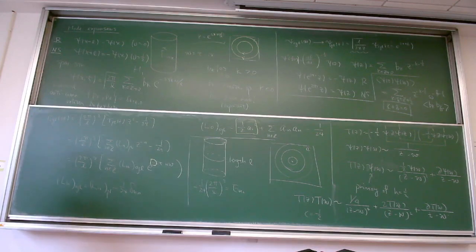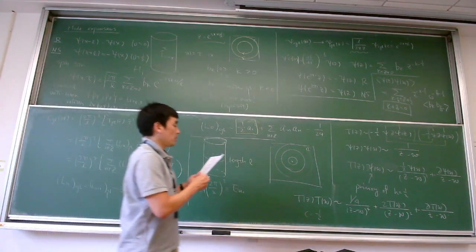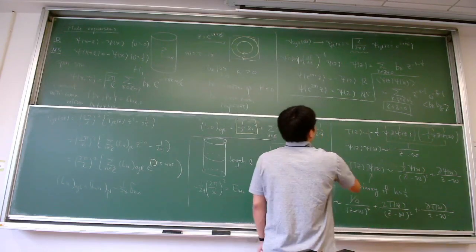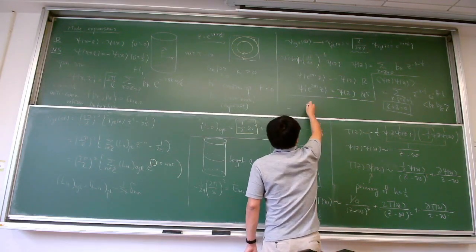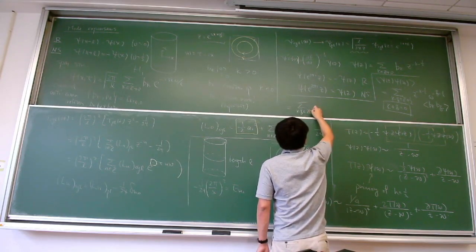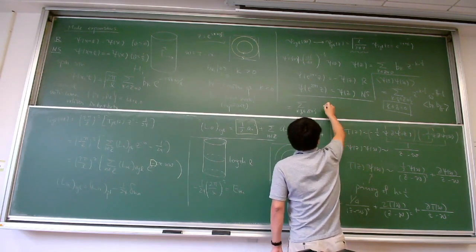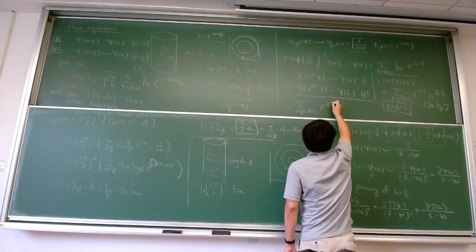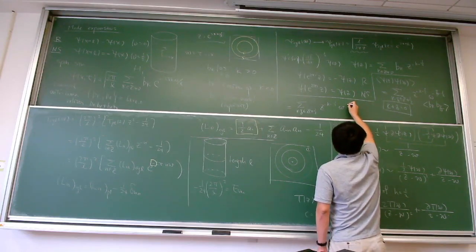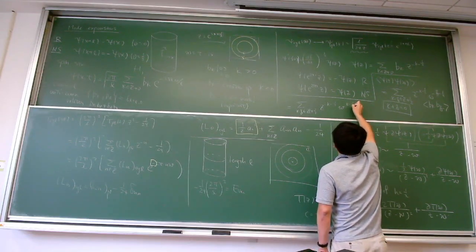What you're going to get is essentially the sum over k of z to the minus k minus 1/2 times w to the k minus 1/2.